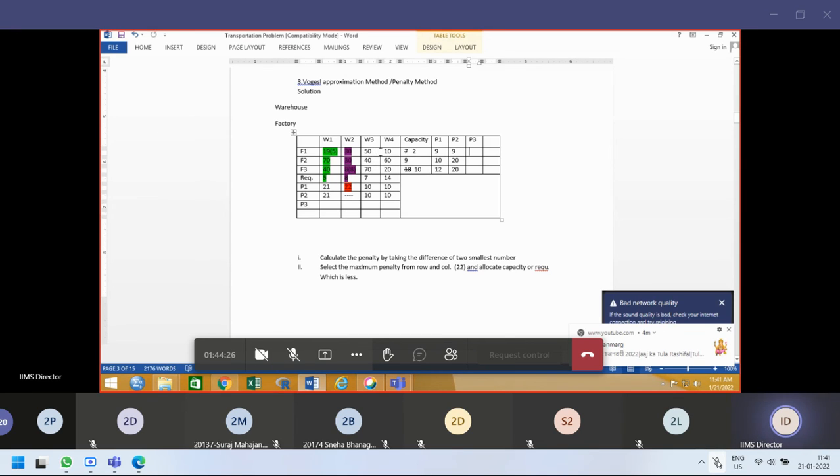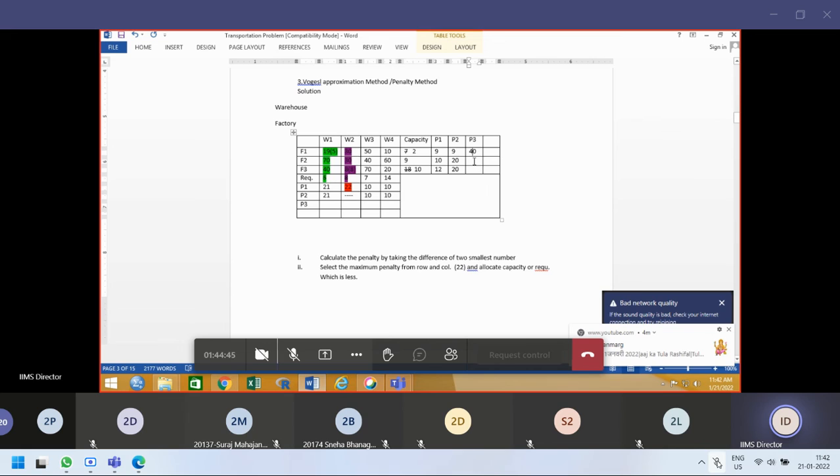Only two elements, right? 10 and 50. The difference will be 40, because 50 minus 10 is 40.